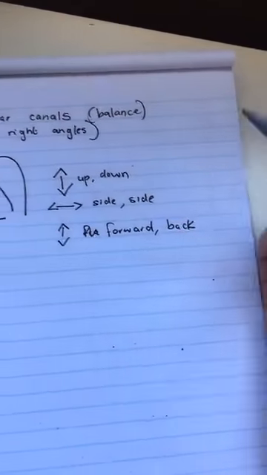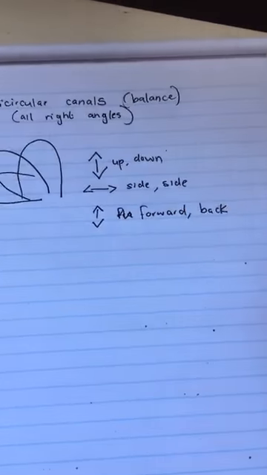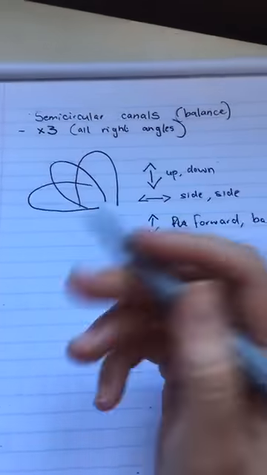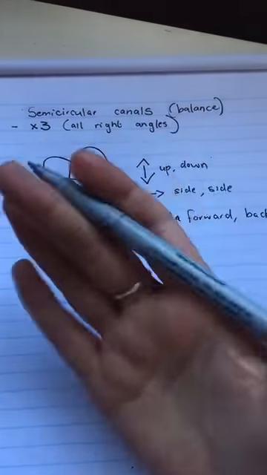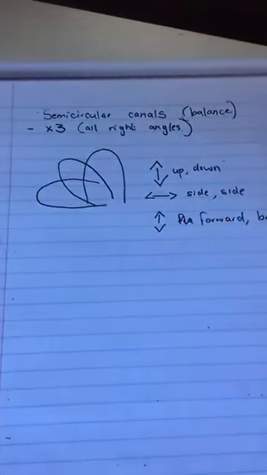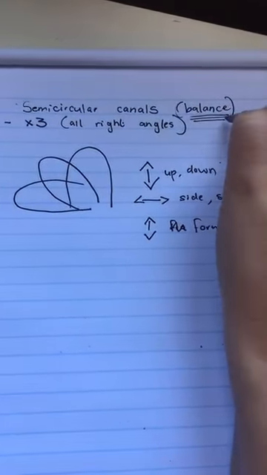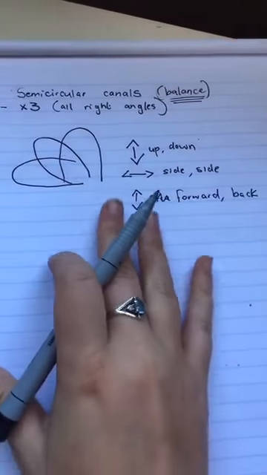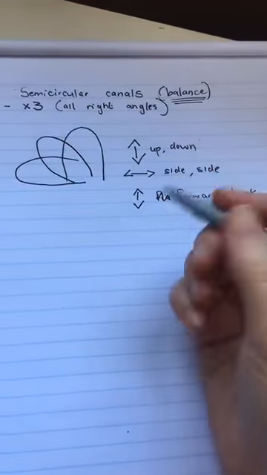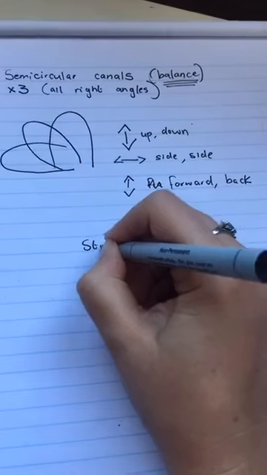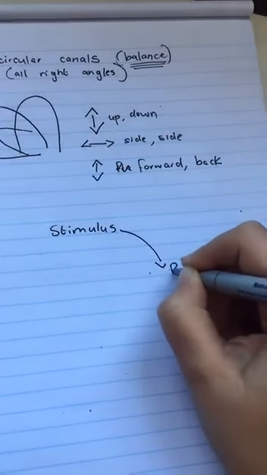This is always a really tough question at the end of the year. They always put it in. They're going to ask you something like, a boy was running in a soccer game, and how did he maintain his balance? So this is specifically for balance, okay? In all these questions, you follow the formula, and the formula answer is going to be: the stimulus is received by a receptor.